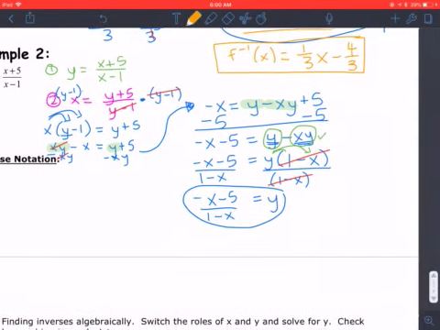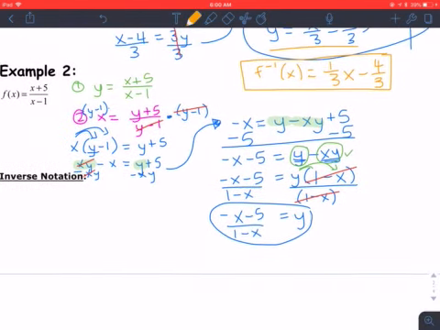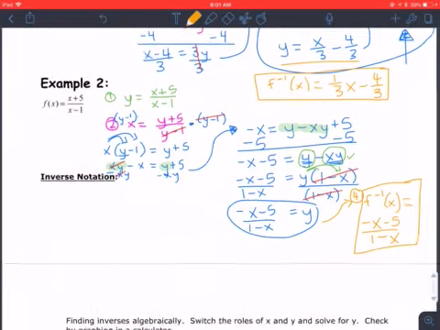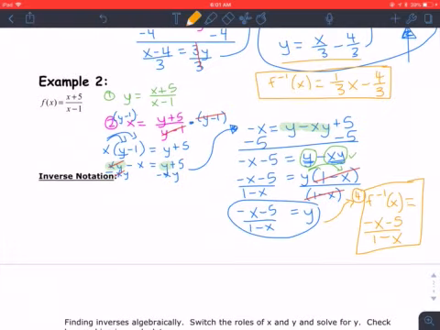We could write it in a better form, but for now you can leave it this way. And then remember, our next step is to rewrite it. Instead of y, we're going to write f to the negative 1 of x, because that's our inverse notation, is equal to negative x minus 5 over 1 minus x. Alright, and inverse notation, f to the negative 1 of x, super important.